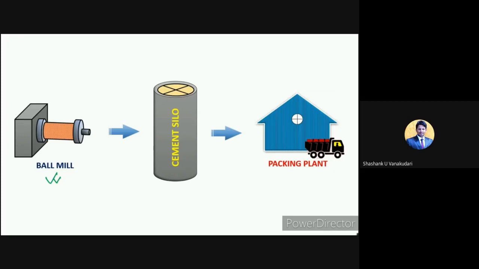Then it is stored in cement silos. A cement silo is nothing but the chamber in which the entire product of cement is stored. Then it is sent to the packing unit, where they form cement bags of the required weight and send them to the required location.